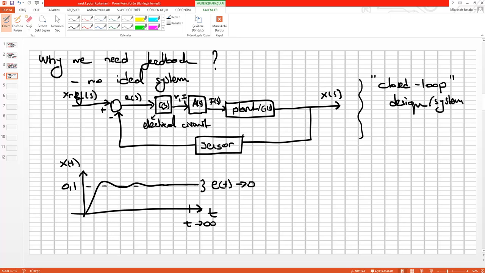E(t) must go to 0 when t goes to infinity. And so the controller design must provide this condition, okay? This is the second condition of control theory: the controller guarantees that E(t) goes to 0 when t goes to infinity, okay?